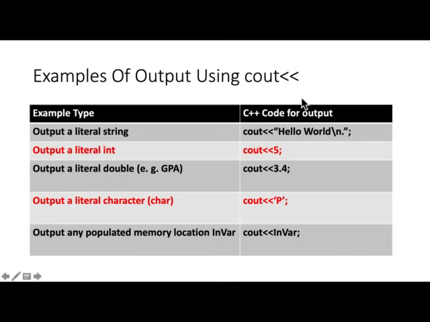So these are some of the examples. Once again, insertion operator is a binary operator. It must have cout as a left operand, and the right operand could be a constant, or a variable. Could be any of those. Okay.